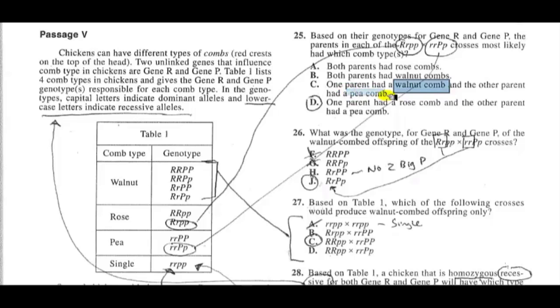The pea part is true, but neither one of these came from the walnut. Remember, the correct answer has to say something about rose and pea. D gives us that choice. One parent came from the rose comb and the other parent came from the pea comb. D is the correct answer for 25.